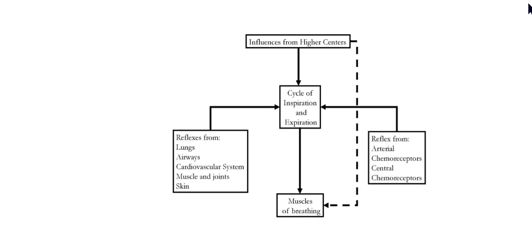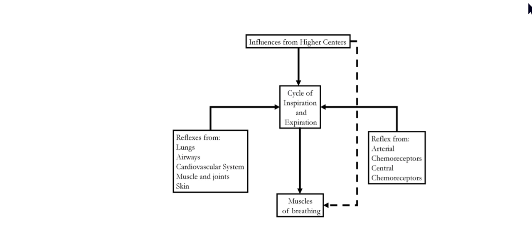All right, so this is our little flow chart, really just showing that you can have some influences from your higher centers, but your central pattern generator, the respiratory control center that is inside your medulla, is really going to be responsible for sending all of those nerves that we already talked about with the dorsal and the intermediate ventral respiratory group to control the muscles for breathing.